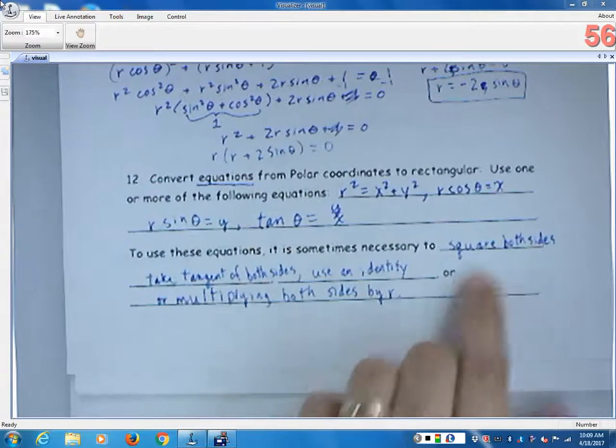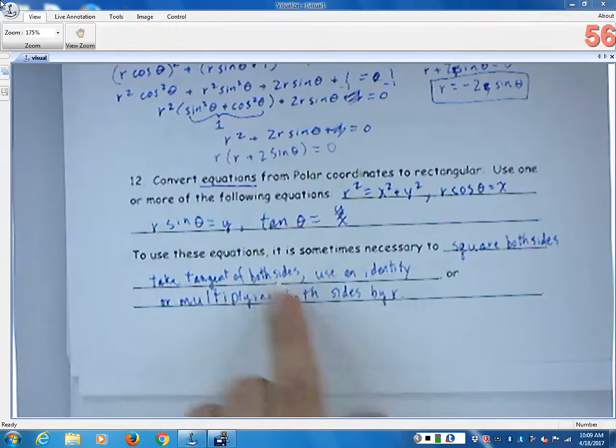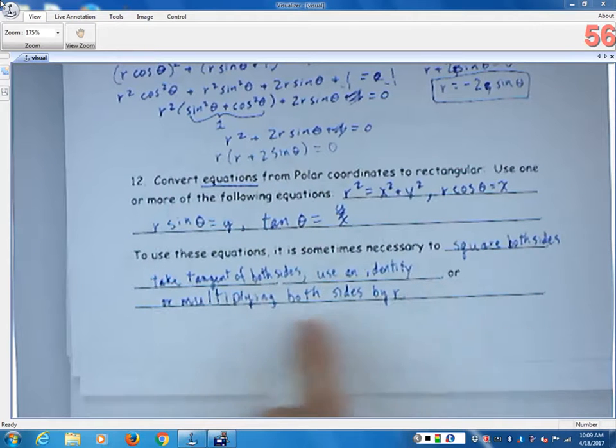Sometimes it's necessary to square both sides, take the tangent of both sides, use an identity, or multiply both sides by r. It's an r cosine theta thing equals x.